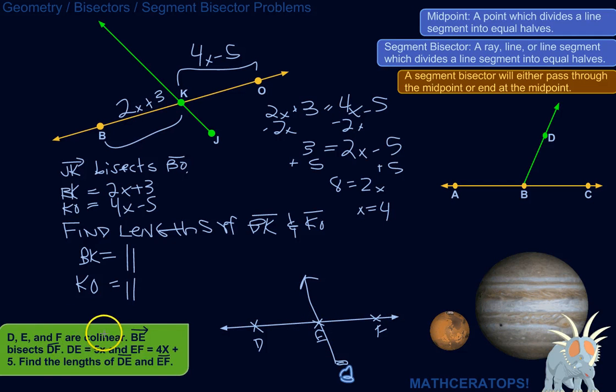DE is equal to 5x, and EF equals 4x plus 5. Because I know that this ray is bisecting DF, I know that 5x and 4x plus 5 are equal. So set those equal to each other, solve for x, and figure out what the lengths of these line segments are, DE and EF, which are the equal halves of the line segment DF.